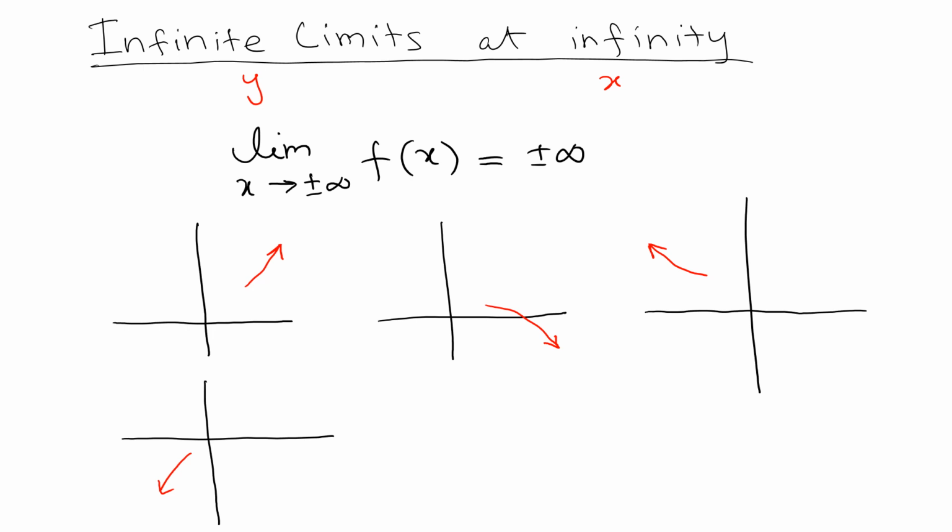So let's look at special cases. The one interesting one to start with is this: find the limit when x goes to infinity of x cubed. It's maybe a good idea to look at the graph.